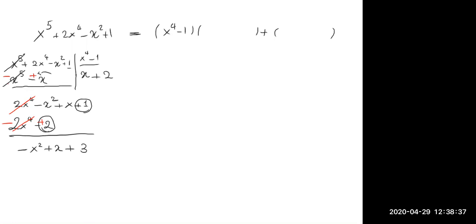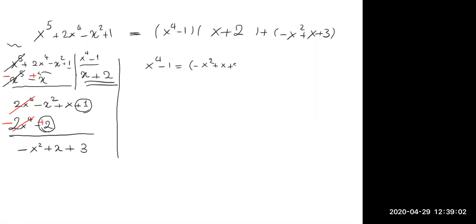So x plus 2 would come here. Minus x squared plus x plus 3 would go there. That would be the first step. In the second step, we should divide x to the 4 minus 1 by minus x squared plus x plus 3, by this thing.